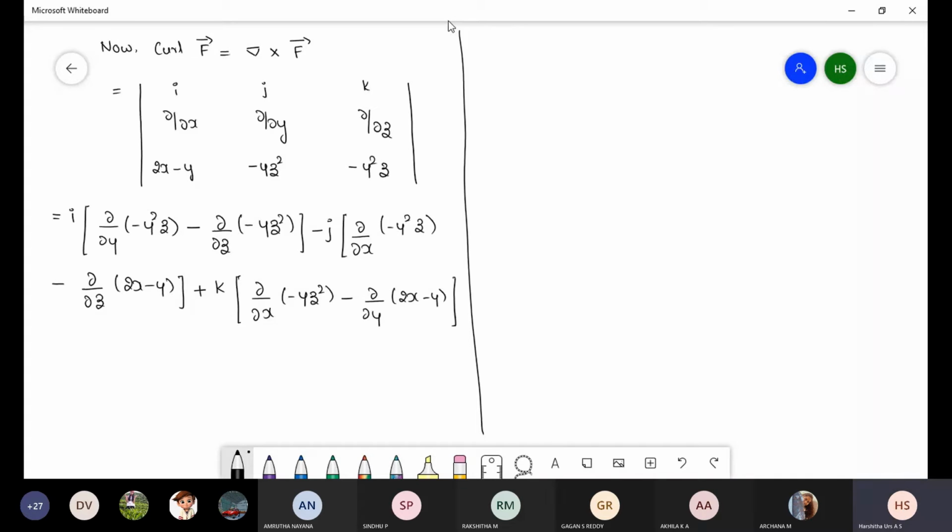This is the expansion. Now i into, what is the first differentiation with respect to y?